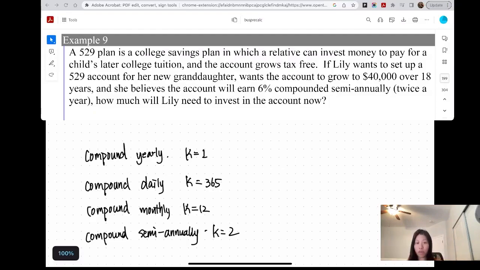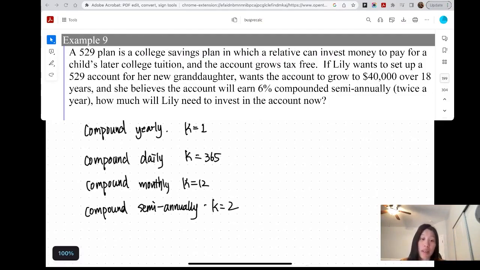Here, a 529 plan is a college savings plan in which a relative can invest money to pay for a child's later college tuition, and the account grows tax-free. If Lily wants to set up a 529 account for her new granddaughter and wants the account to grow to $40,000 over 18 years, and she believes the account will earn 6% compounded semi-annually, which is twice a year, how much will Lily need to invest in the account now?